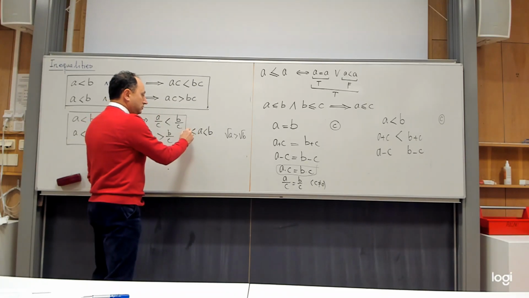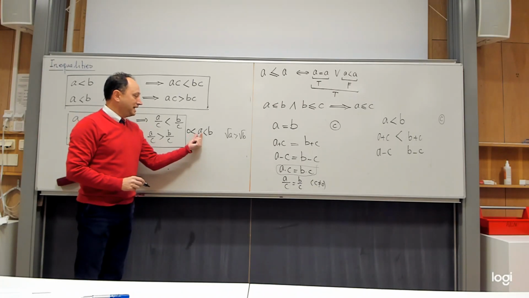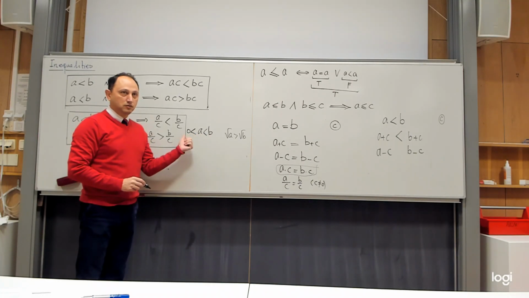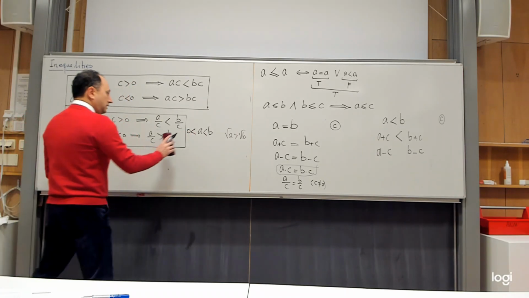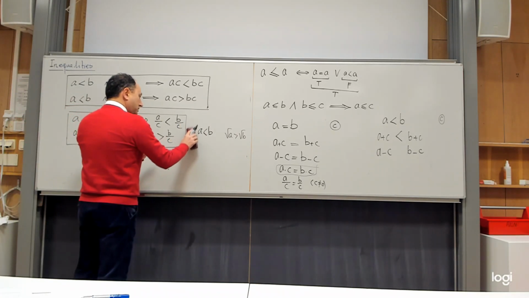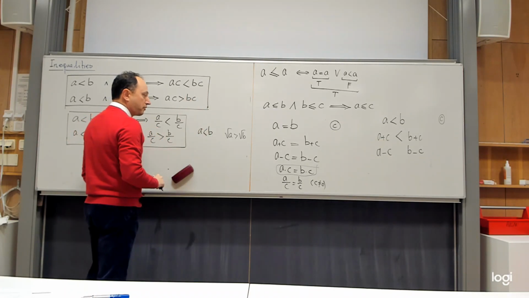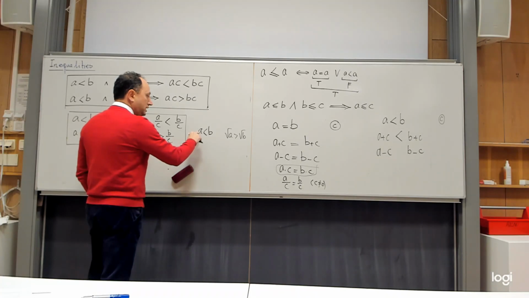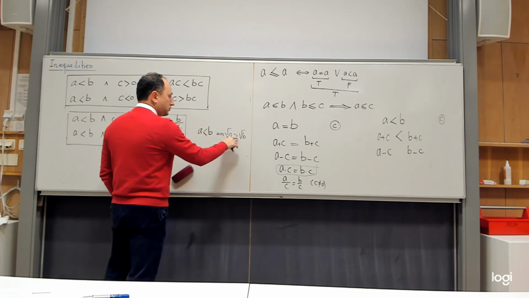By the way, when I write like this, another way of reading this is A is between 0 and B. Assume that A and B are both positive numbers, and I know that A is less than B. Do you think I can conclude that square root of A is greater than the square root of B?